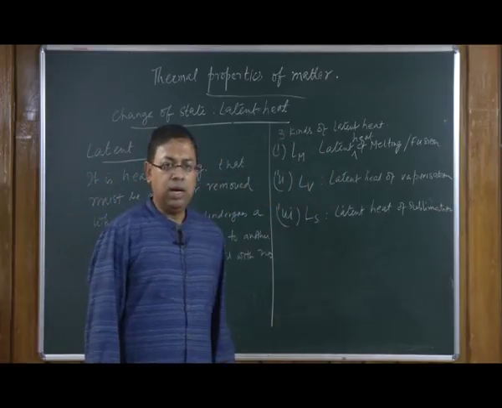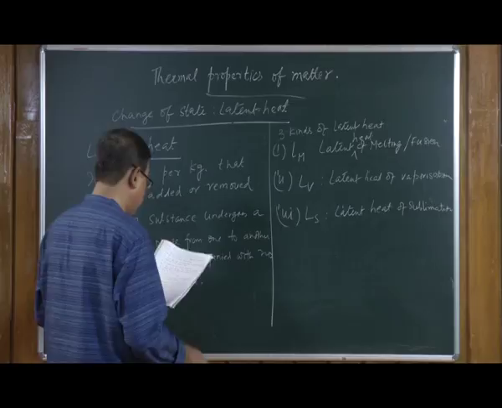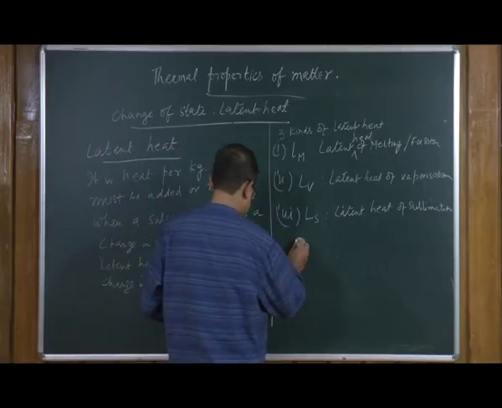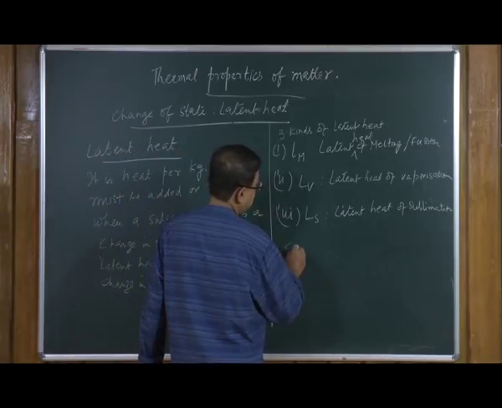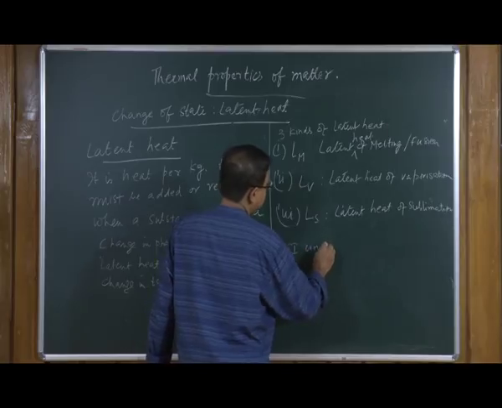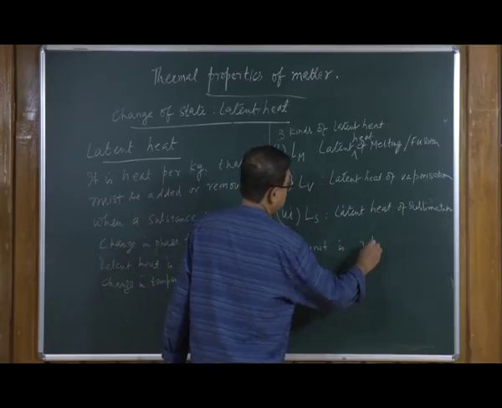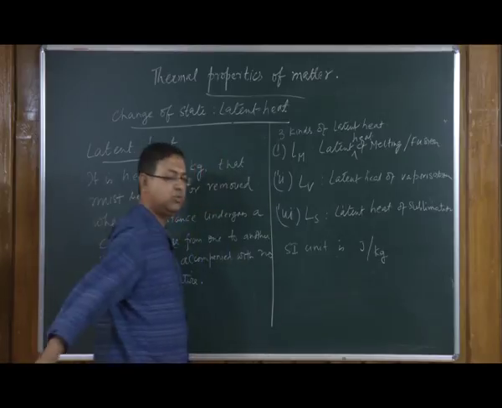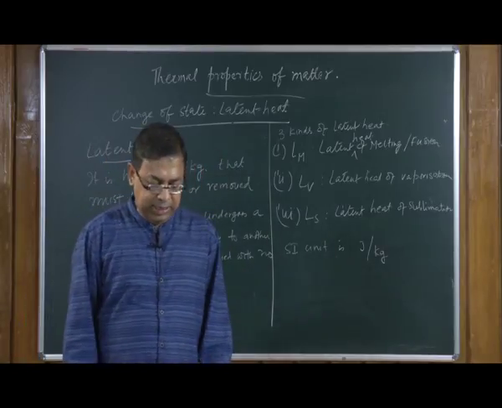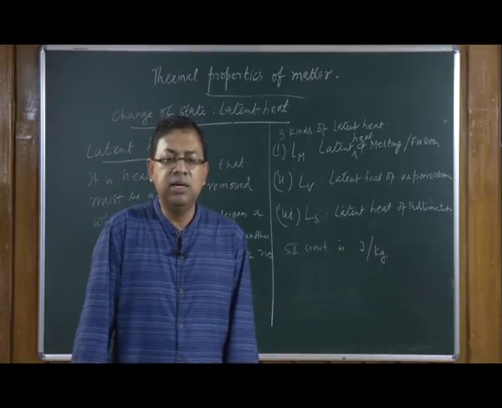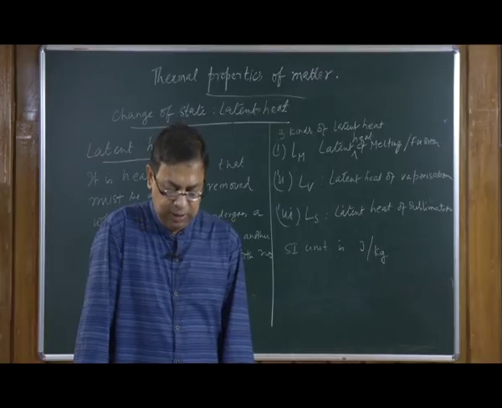Okay. And the SI unit of latent heat is joule per kg. Okay. So, this is by and large the definition and kinds of latent heat.